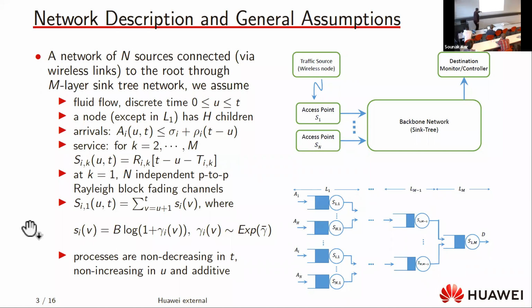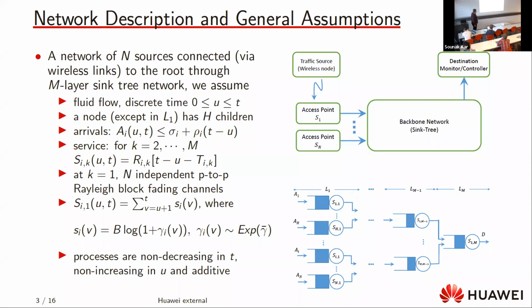The instantaneous service is equal to the channel capacity, the Shannon channel capacity here, where gamma sub i of v is the instantaneous SNR, which for Rayleigh block fading is exponentially distributed with mean value, the average SNR gamma bar.